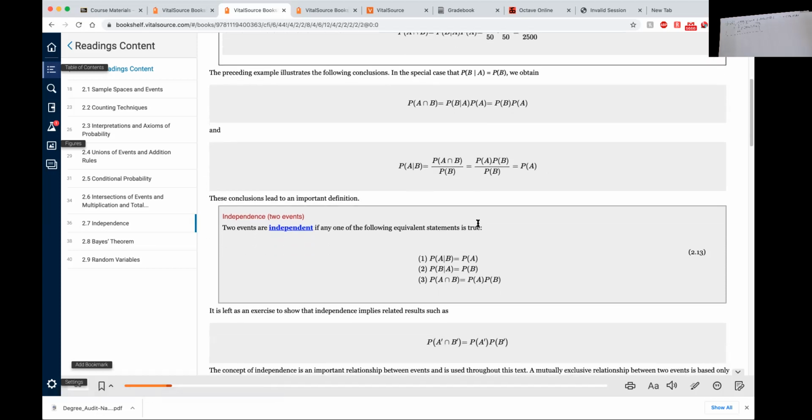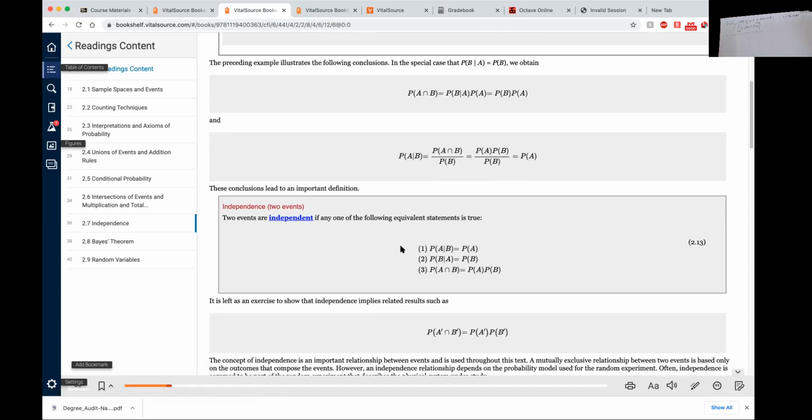In that case, the two events are called independent. So the conditional probability P of A given B equals P of A, or P of B given A equals P of B, and P of A intersection B is equal to P of A times P of B.